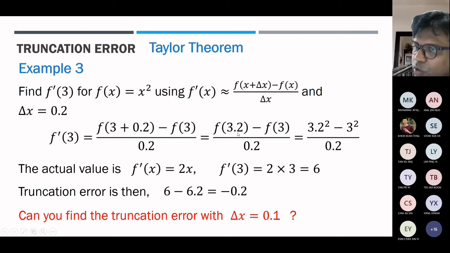If the step size now is 0.1, can you do it? Can you do it quickly?